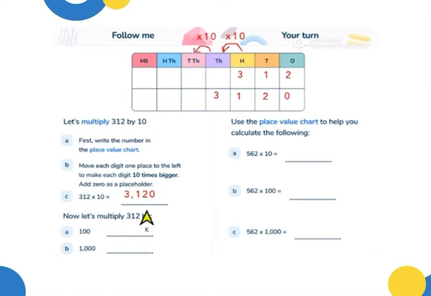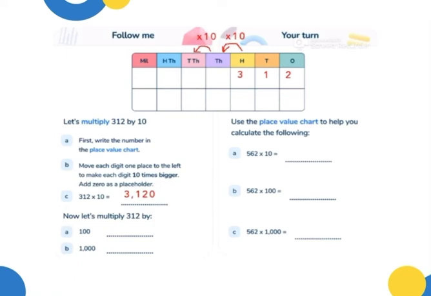Okay. So now that we've done that part, let's try our next question, which is multiply 312, same number, by 100. Now remember I told you we move one digit to the left when we multiply by 10. If we are multiplying by 100, that means I need to move 2 times to my left because I need to take the digit to the 100 times bigger column, right? So my 3 now comes into my 10,000s.